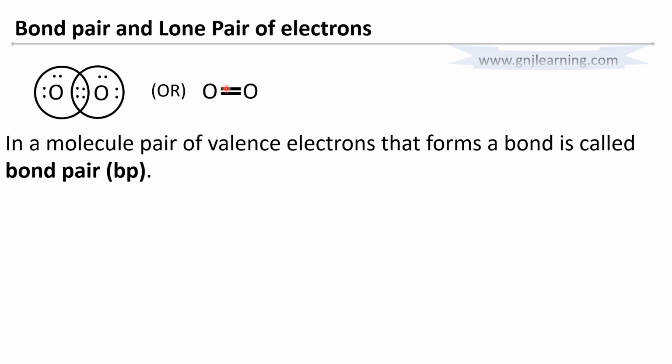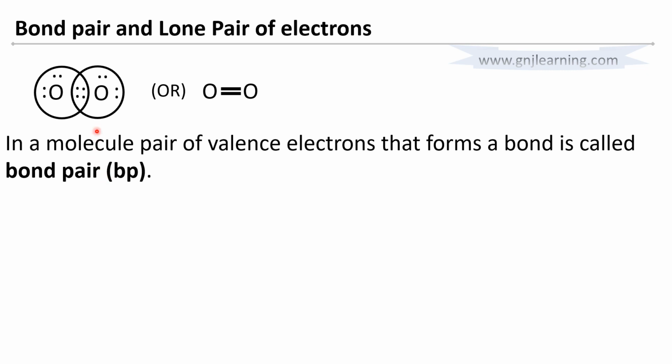If that pair is being shared by 2 atoms, then it is called a bond pair, because this pair is responsible for the bonding between these 2 atoms. In short, we call it BP. So a bond pair is the pair of electrons that forms a bond between the atoms in a molecule.